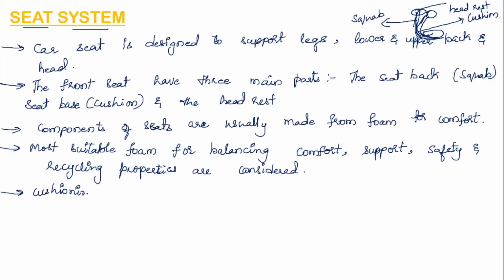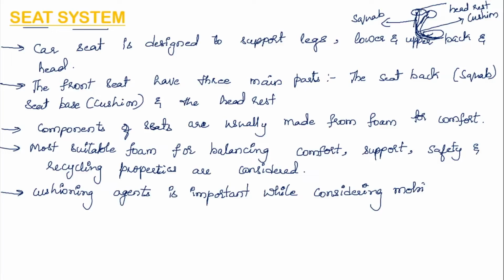If the cushioning agent is not provided, then the vibrations will be transmitted to the human spine or human body, and it will result in problems like pain in the joints, or even it may injure the spine also. So that is why cushioning agents are very important while making the seats in mobile cars.